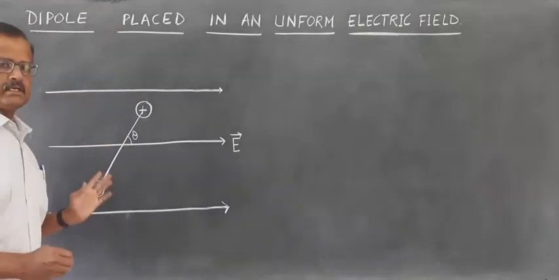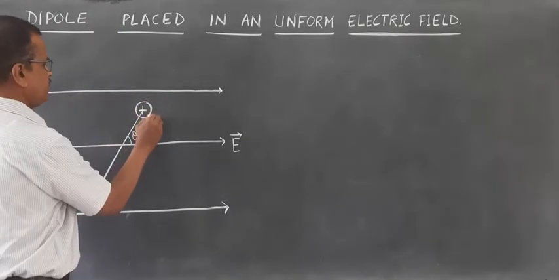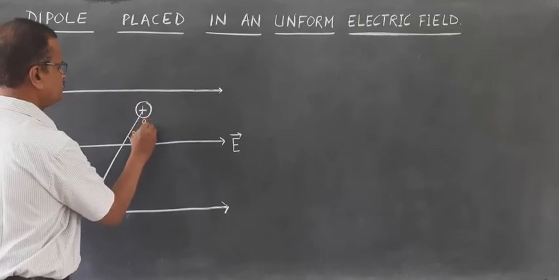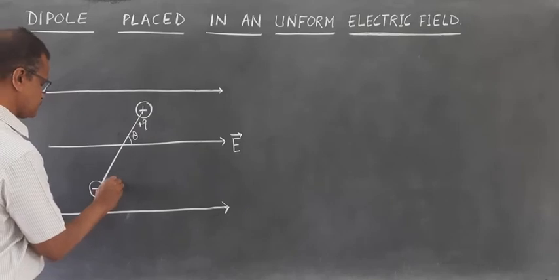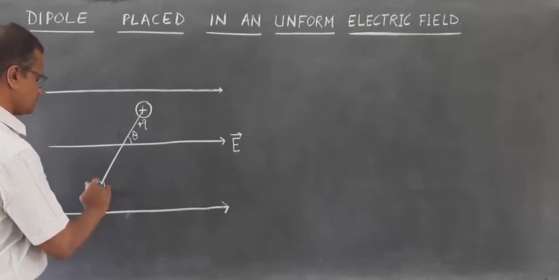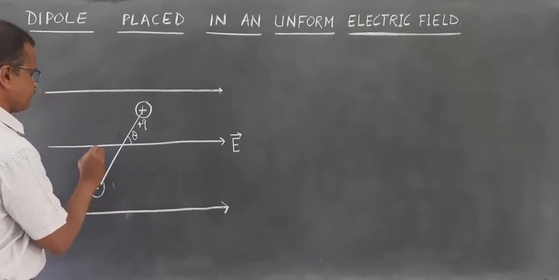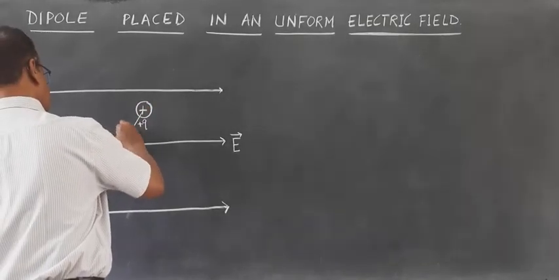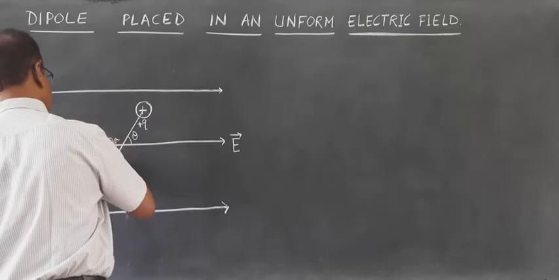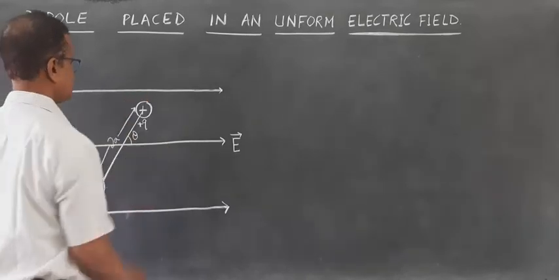This electric dipole has a pair of equal and opposite charges separated by a fixed distance, and the distance of separation is, as you know, 2a.